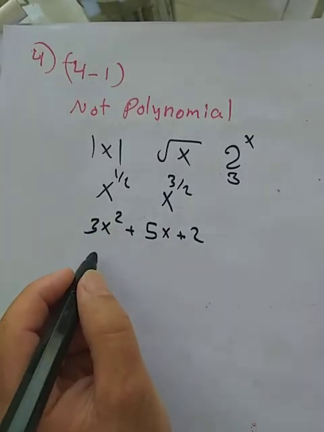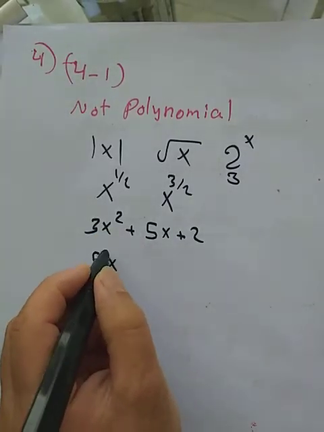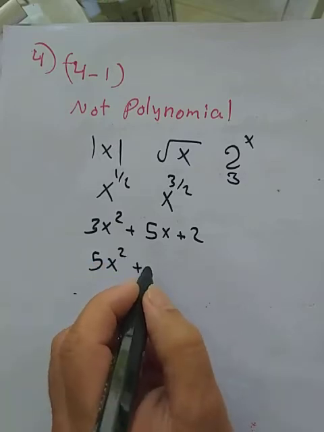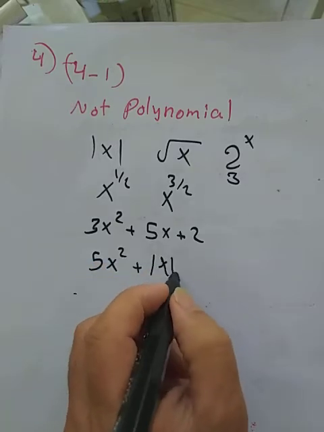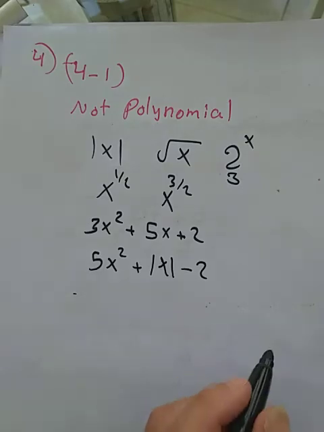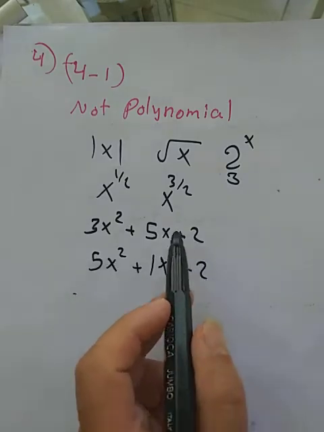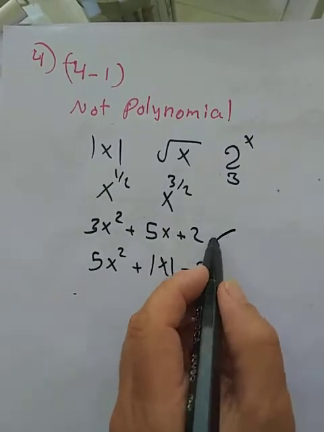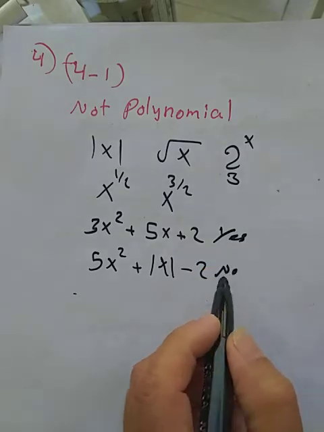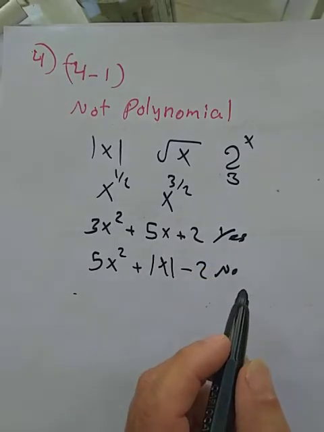But 5x squared plus absolute x minus 2 is not a polynomial.